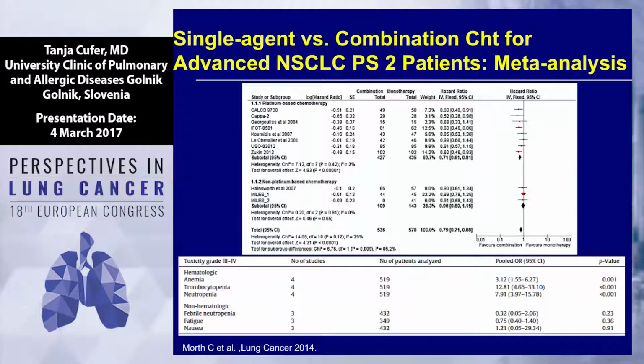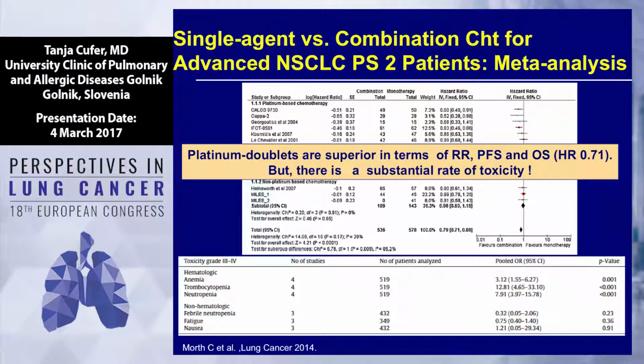If you read this slide, you can see that in the meta-analysis, the platinum-based doublets resulted in better survival compared to monochemotherapy, while this does not hold for the non-platinum doublets in this collective of performance 2 patients. However, the toxicity was higher, especially myelotoxicity, which was higher in the doublets as expected.